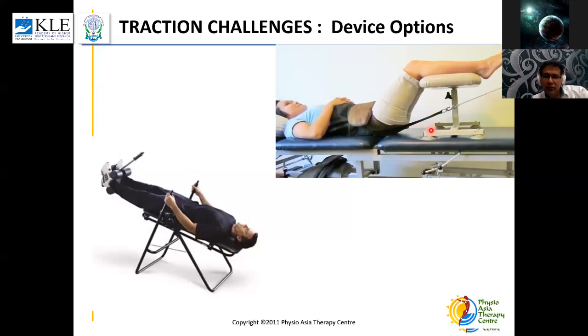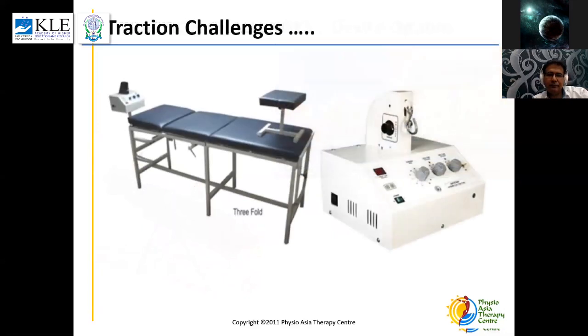Now, if your tables are not of the right quality, able to move back and forth and create less friction, your force may be lost in overcoming the friction. Some people even go into inversion traction tables like this, whereby using the effect of gravity to offload the spine.